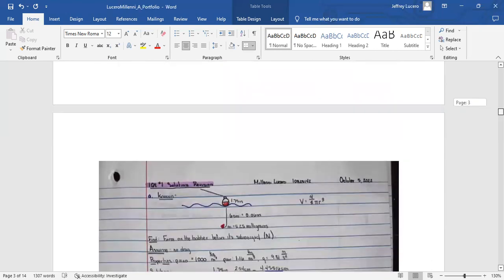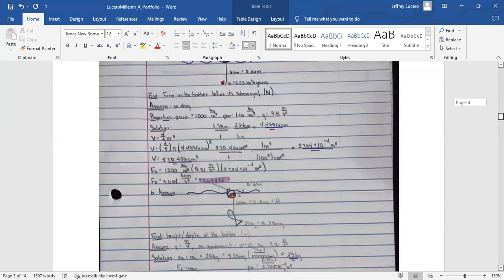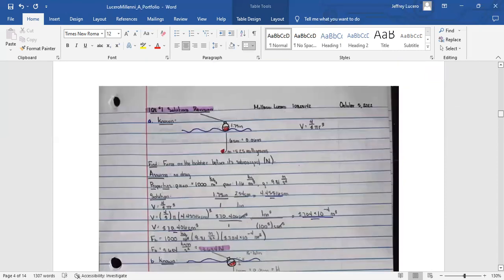So for my solution, the knowns are that the diameter of the bobber is 1.75 inches and the fishing line with the hook is 0.06 meters. You can assume that the weight of the hook itself is negligible and can be added to the catfish sliver, so it's 5.25 milligrams together.